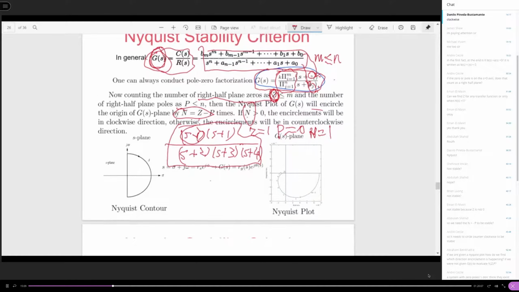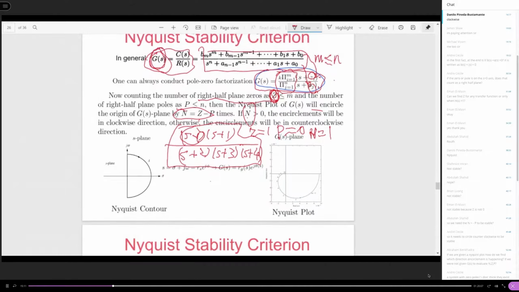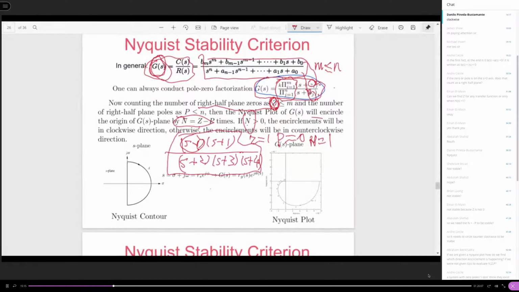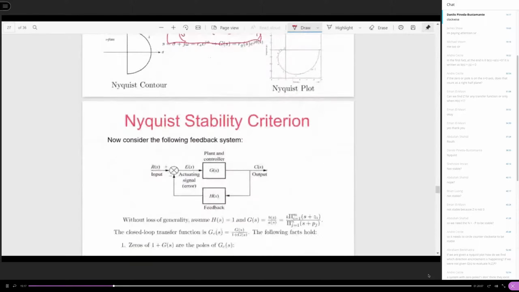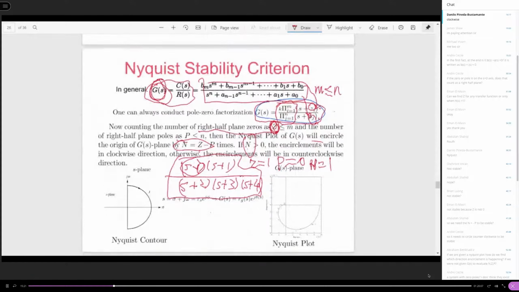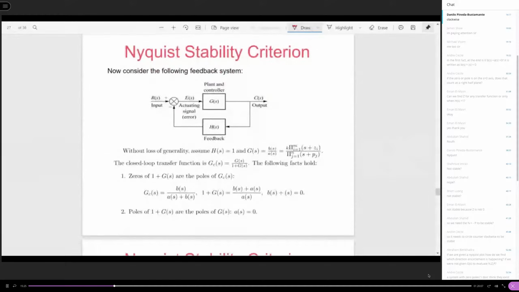So now we understand the general case. We extend from the single zero-pole case to the general case. Now we're going to apply what we established here to evaluate the stability of this closed loop feedback system.